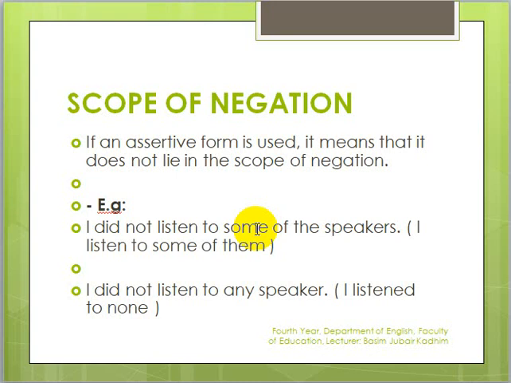Or I did not listen to any speaker, which means I listened to none of them. So this is important. The assertive forms are not included in the negation when they are in a negative sentence.